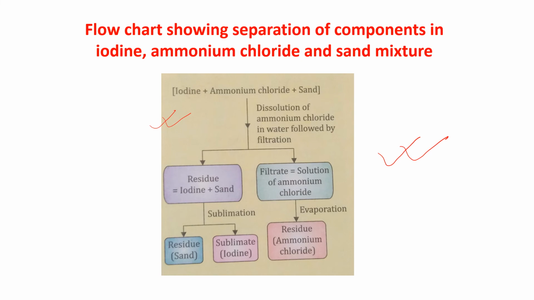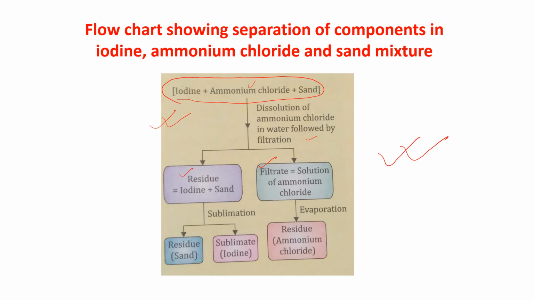First, what you have done: dissolution of ammonium chloride in water followed by filtration. Now as you mix water with this, only the ammonium chloride will get dissolved in water. So we are getting two things: one is residue, another is filtrate. In the filtrate, what is dissolved?